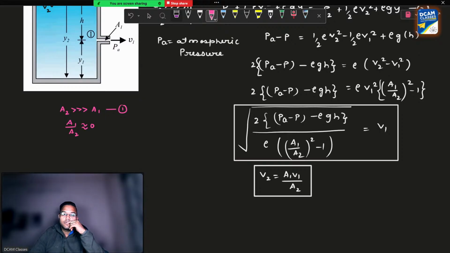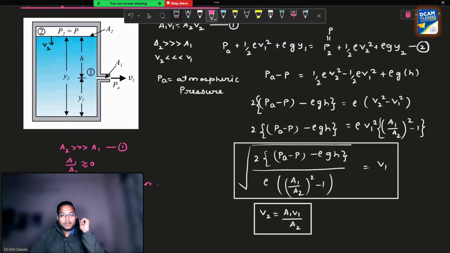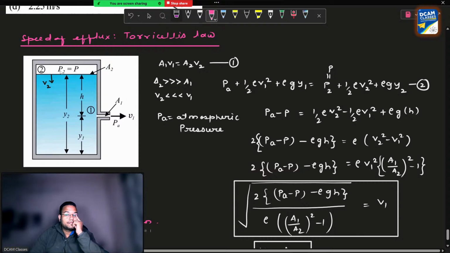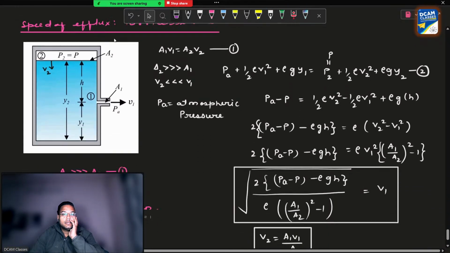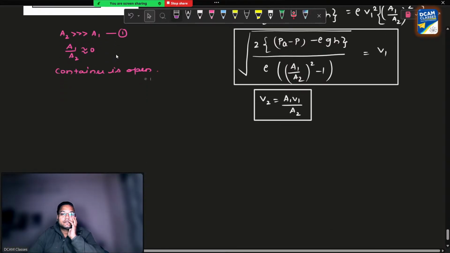The other thing is, this container is open. You're able to see the top point. This container is actually open, so P2 will become equal to atmospheric pressure.